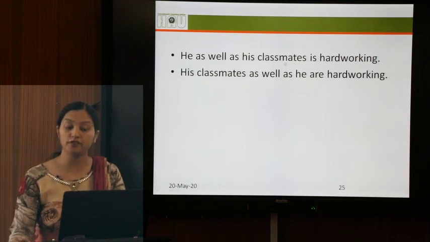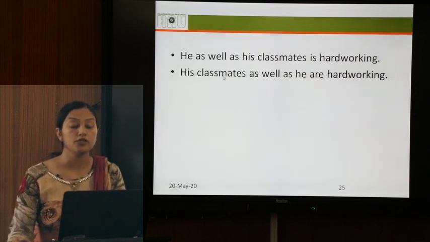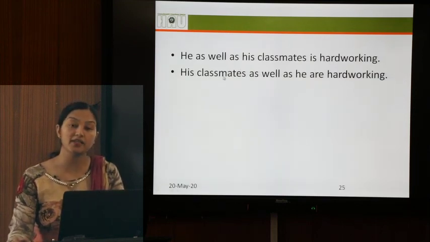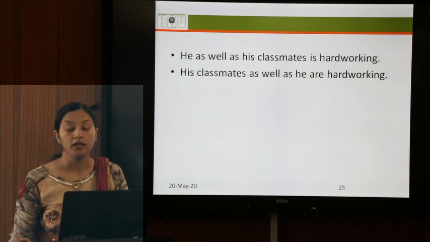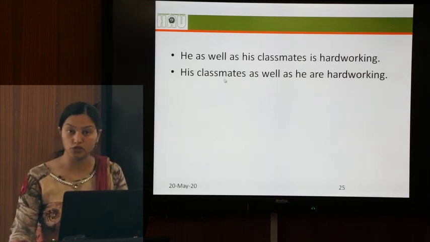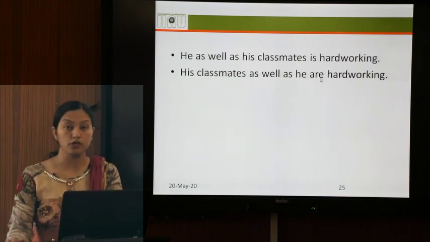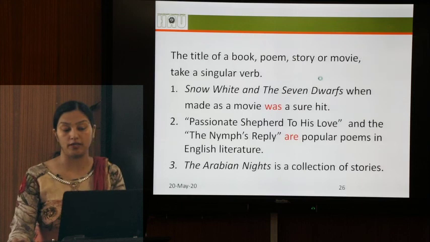So irrespective of the number of the second subject, which is plural, a singular verb will be used. And again I have just replaced the subjects. So the second example is his classmates as well as he. Now here the verb will come in accordance with the first subject, which is plural. So a plural verb will be used with the plural subject.